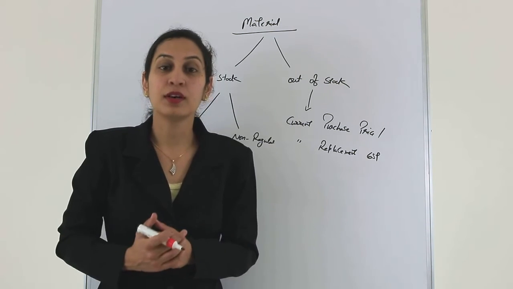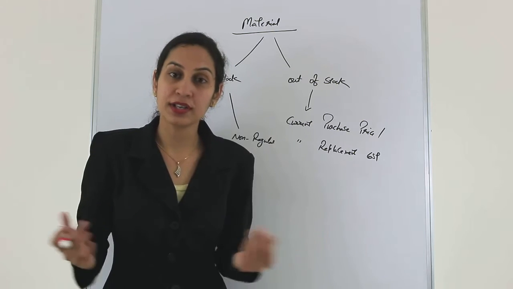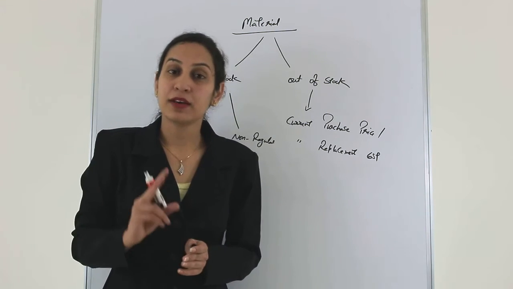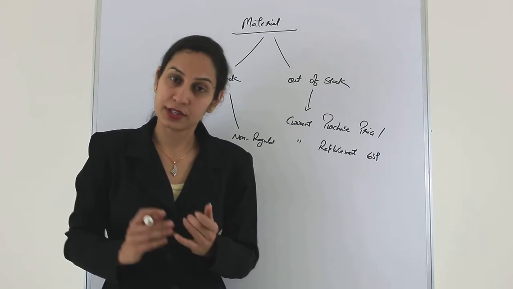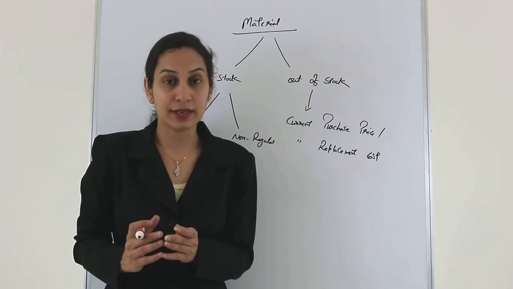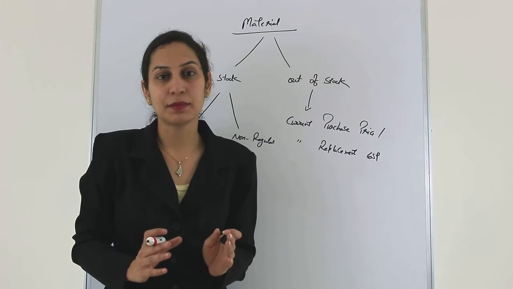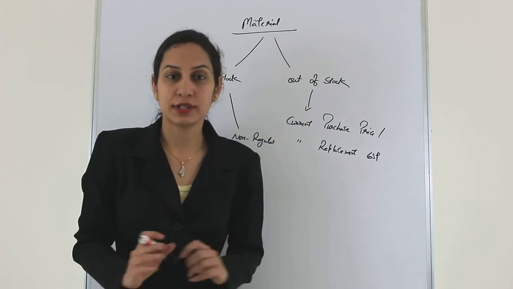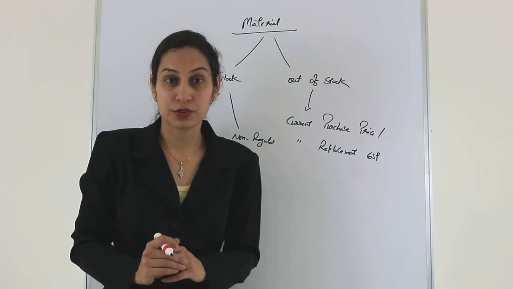That's where we can say the material is already in stock. That particular material may have two situations. One, it's regularly being used. Secondly, it was purchased some time back and is still there in the warehouse. Nobody uses it now, not in regular use.